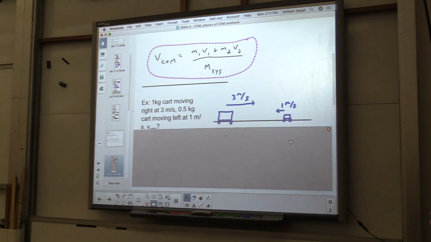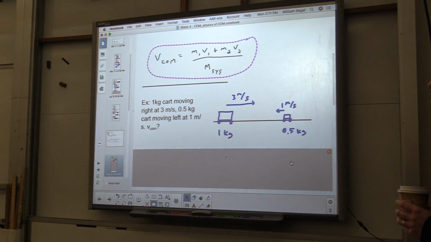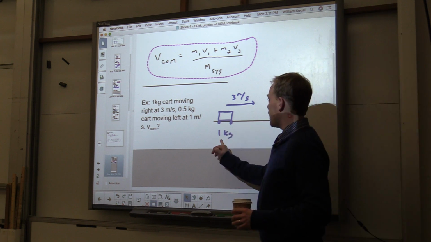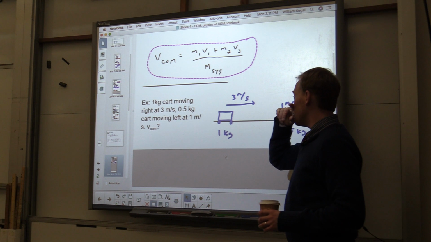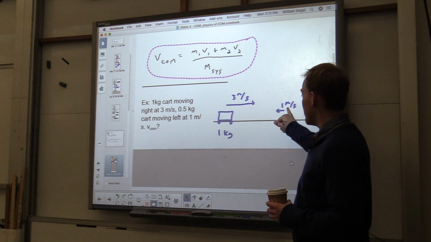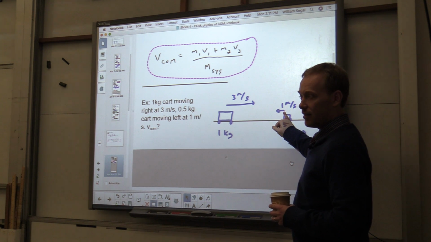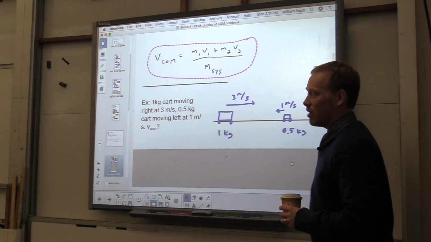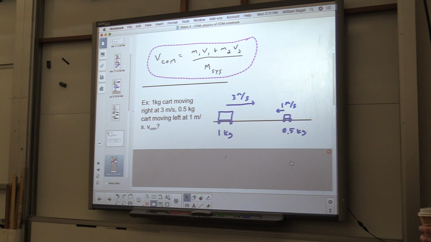So just to have a quick example, would you take a minute and I'll take attendance. Calculate this. If we've got a 1 kilogram cart moving with a velocity of 3 meters per second and a ½ kilogram cart moving with a velocity of negative 1 meter per second. Yep, it was a trick. It's a trap. All right, please calculate the velocity of the center of mass of that.